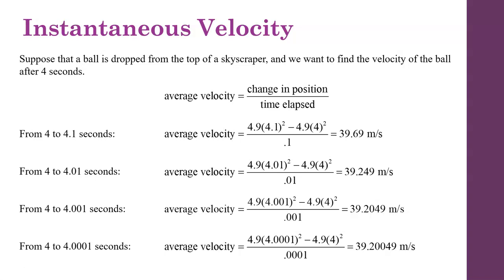And that brings us to the concept of limits and the notation we have for a limit. As my value gets closer and closer to 4, the limit for the velocity, we say, is 39.2.